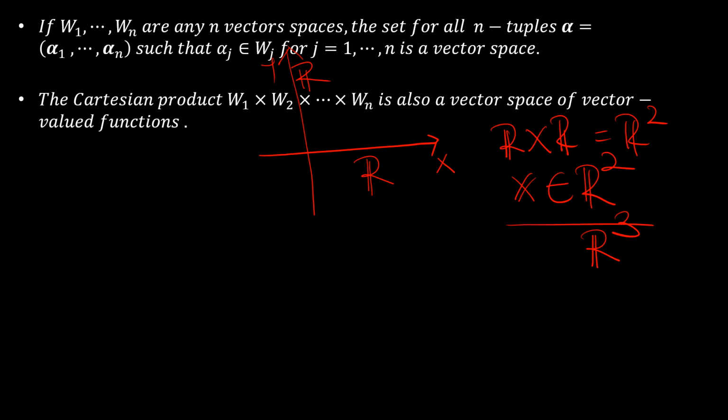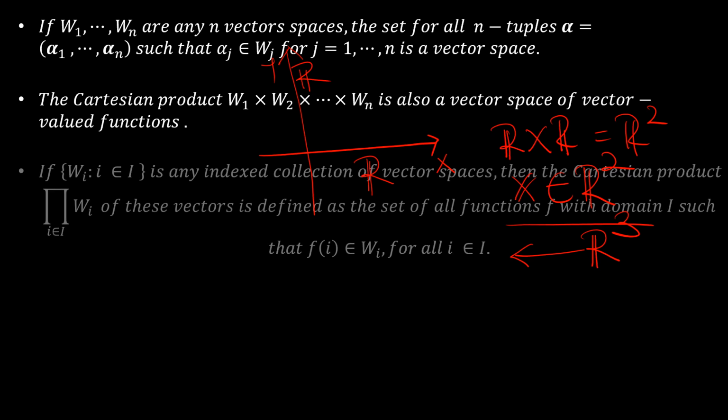Now, obviously, these are not vector spaces, these are real numbers, but just imagine the analog in the vector space is a Cartesian product of these vector spaces.